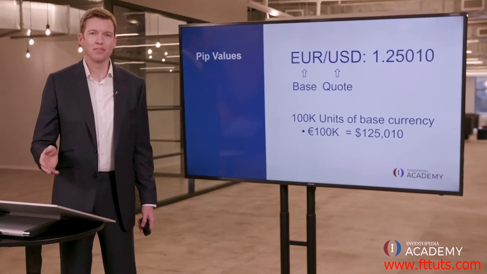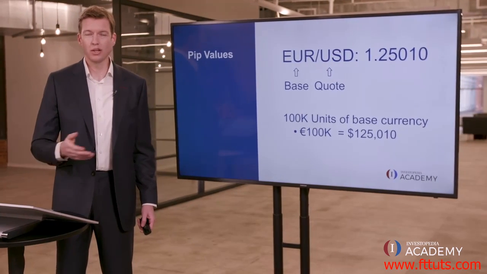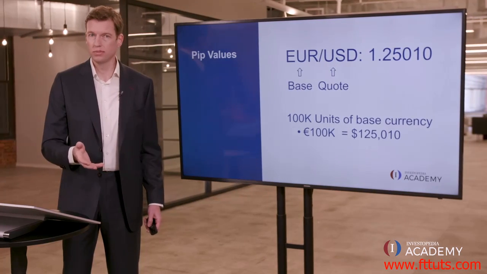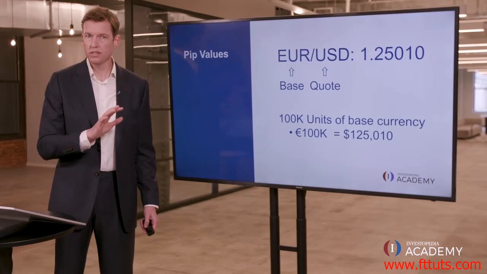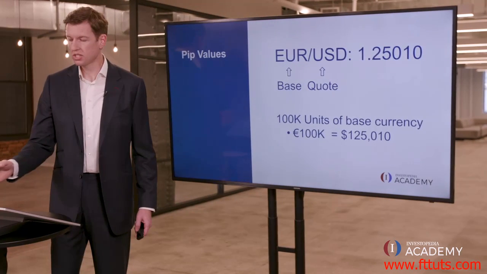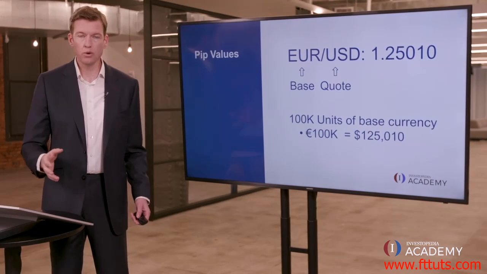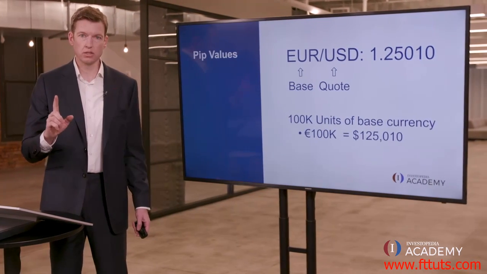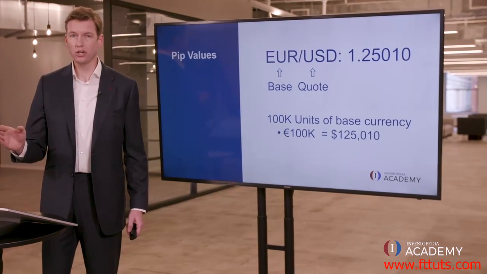Let's multiply it out. In our former example, we had 100,000 units of the euro. So if we change this just a little bit, what was previously worth $125,000, well, if the exchange rate changes just a little bit, we can multiply that out. We find that now 1 lot of this particular currency pair is worth $125,010.